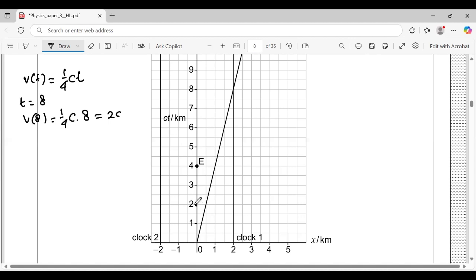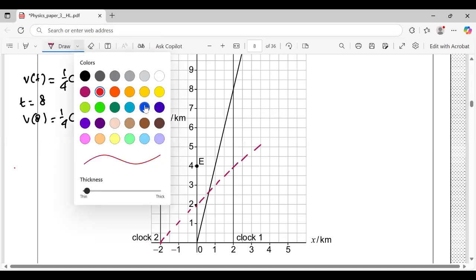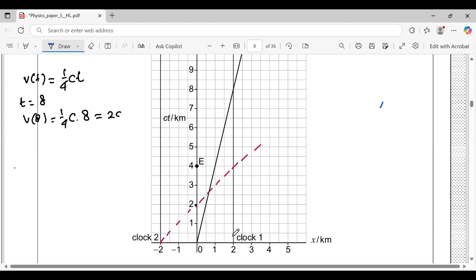So I would like to see here, this is the axis of ct. So I would like to create a straight line from the origin, from here at -2 to this point. And after that, from 2, from 2 to this point.